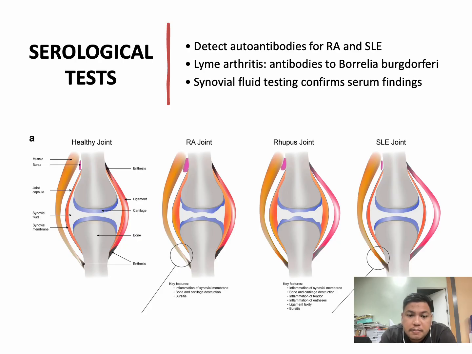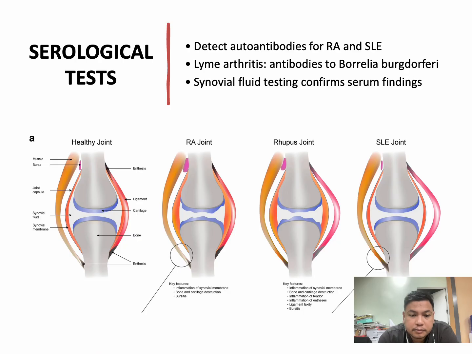For Lyme arthritis caused by Borrelia burgdorferi, we can use PCR to test, and we can also use serological tests to test the antibodies. Synovial fluid testing confirms serum findings with these types of illnesses.